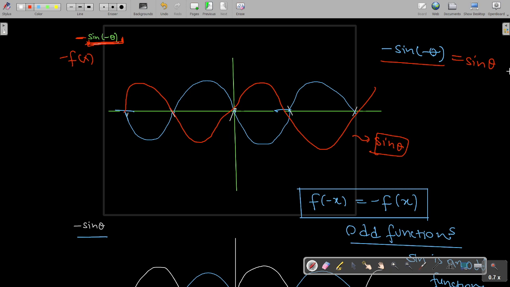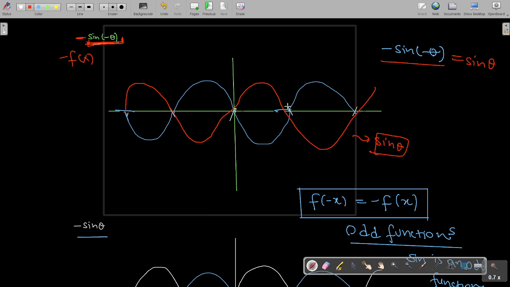Get it? Somewhat. If there is confusion, ask me. What's the confusion? The question is asking to prove sine theta is equal to minus of minus sine theta.